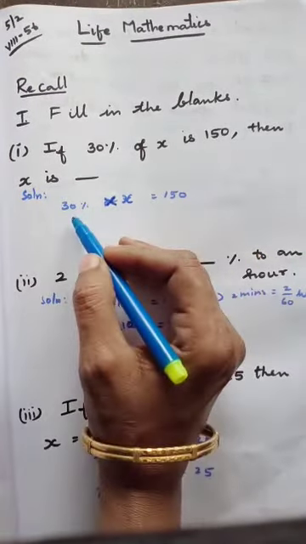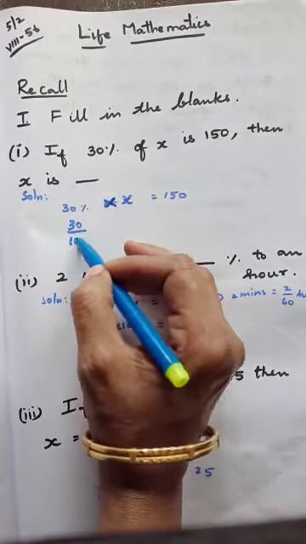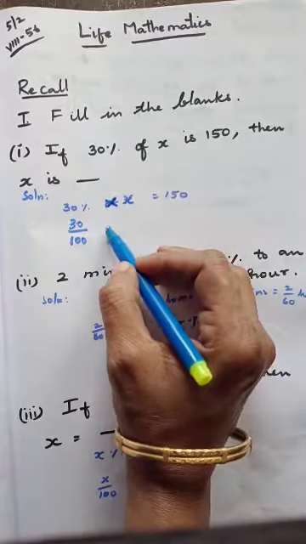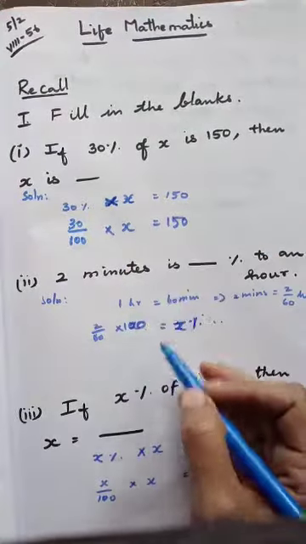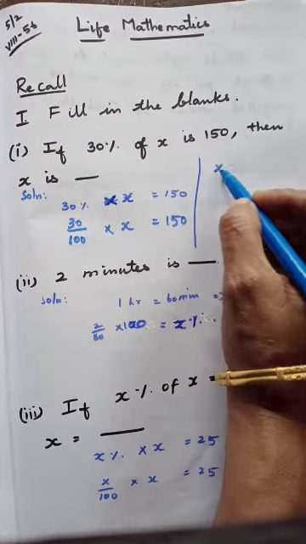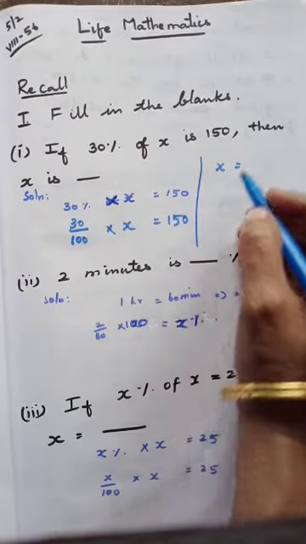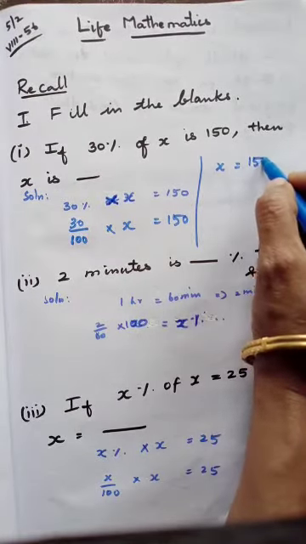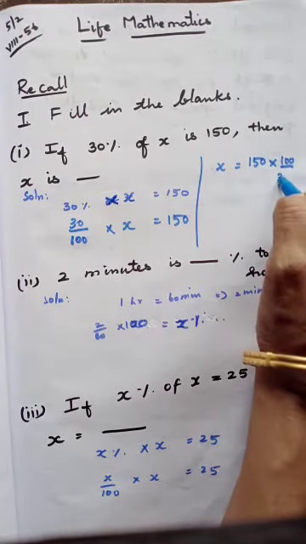So 30% means we can write this as 30 by 100, isn't it? Into x is equal to 150. Okay. So we can write this as x is equal to, bring this 30 by 100 this side, means 150 into, we are writing the reciprocal, 100 by 30.